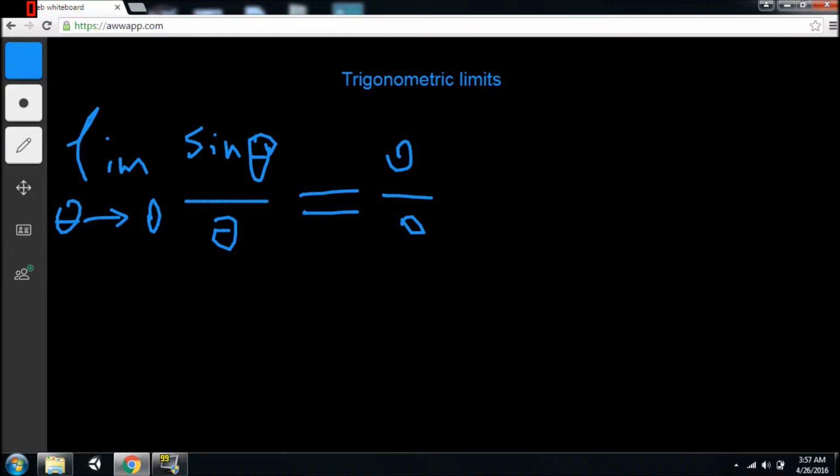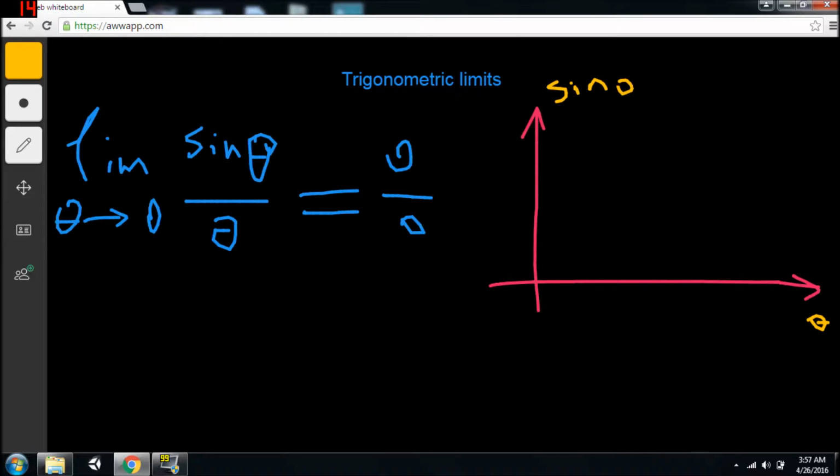Well, the first thing we can think about is actually drawing the graph of this function. So let's go ahead and draw it. On the x-axis I'm going to put theta, and on the y-axis sine theta. Of course, this is a very famous graph. It looks something like this.